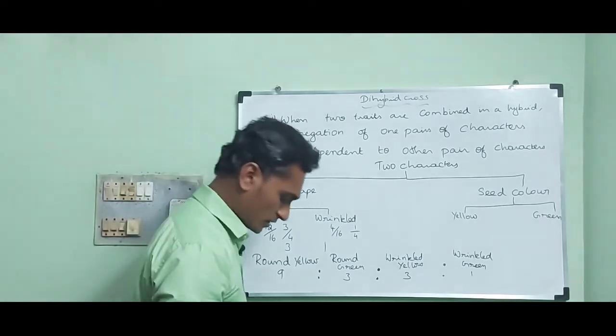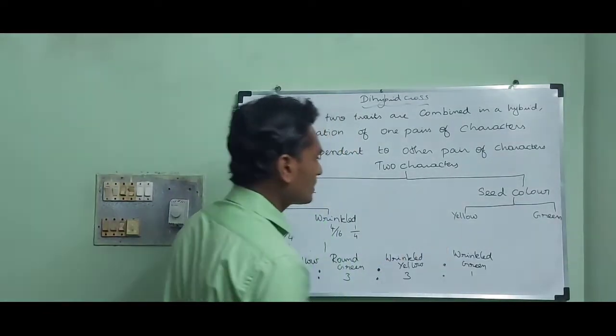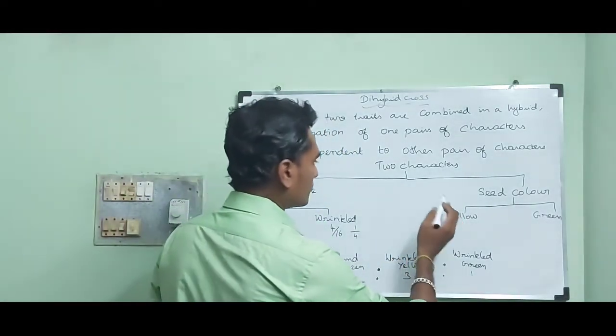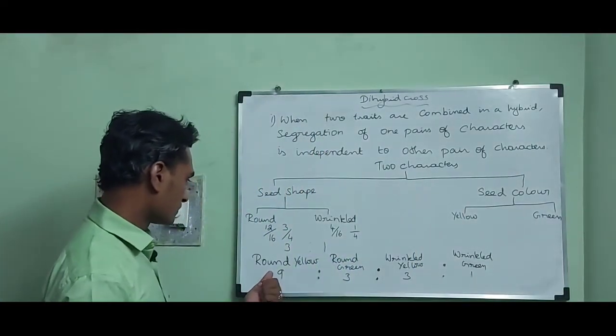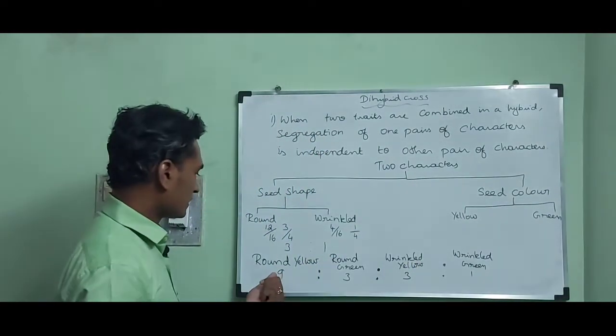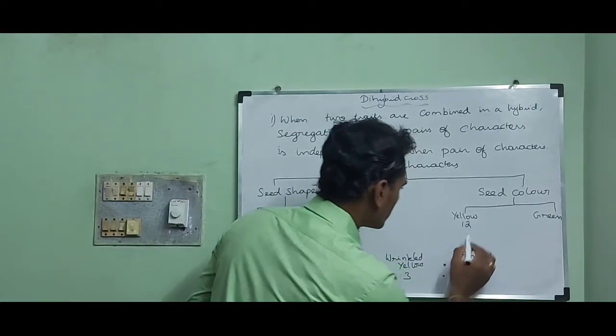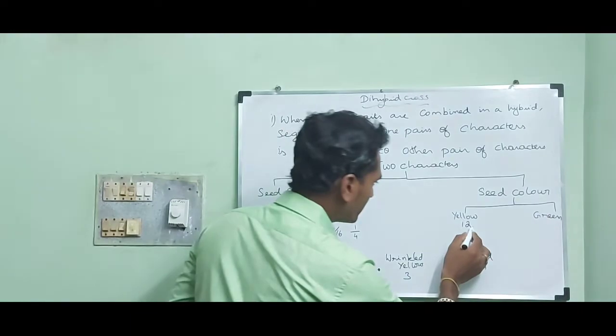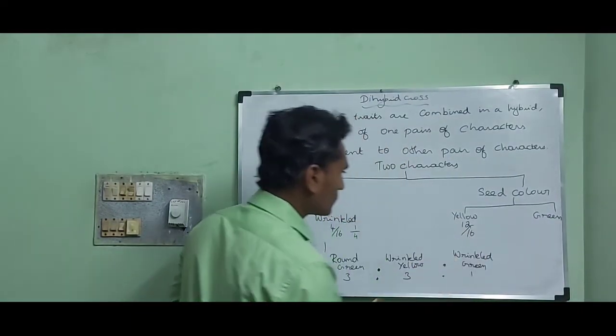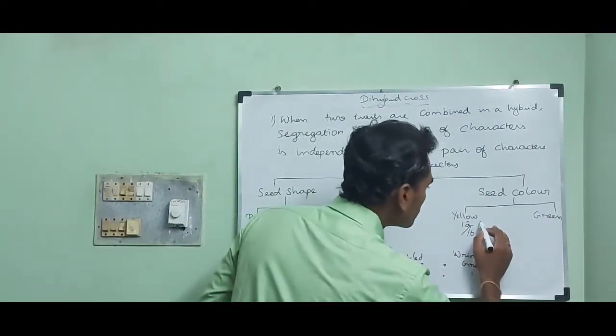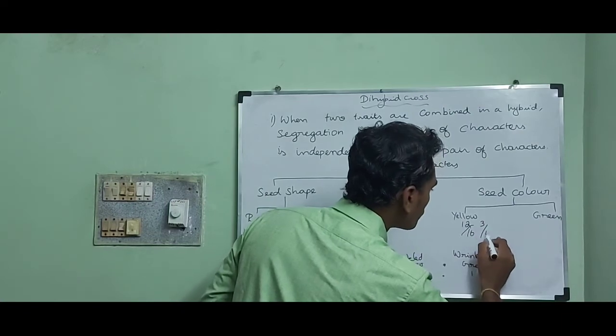Here also we are going to count the proportion of the yellow trait. So first yellow, 9 plus 3, total 12. Total young ones are 16. So 12 by 16, we can convert it into 3 by 4.